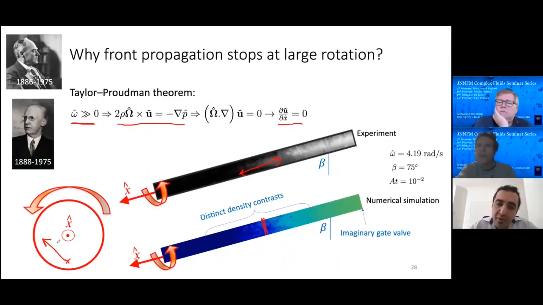In a moving frame of reference, this piece of fluid would experience a Coriolis force in a perpendicular direction that would limit the movement in the desired direction.